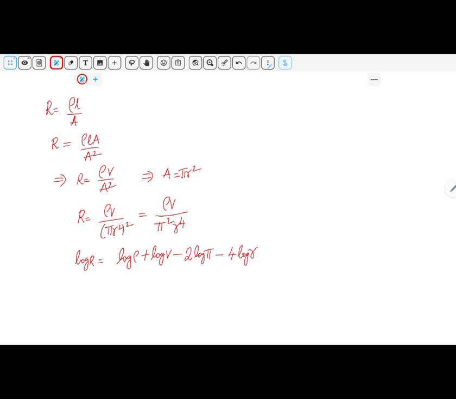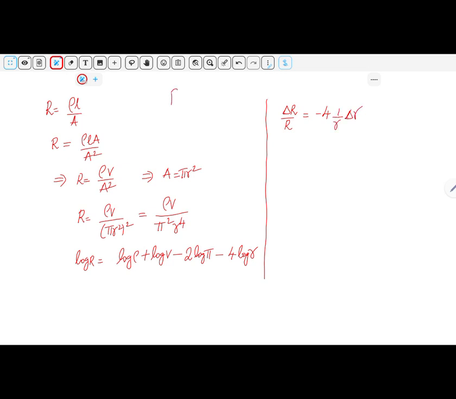Okay, now differentiating on both sides, you will have delta R by R, which is equal to differentiation of log rho is 0, differentiation of log V is also 0, differentiation of 2 log pi, it is a constant and it is also equal to 0. Therefore you will have minus 4 log r. For log r, the differentiation is 1 by r into delta r.